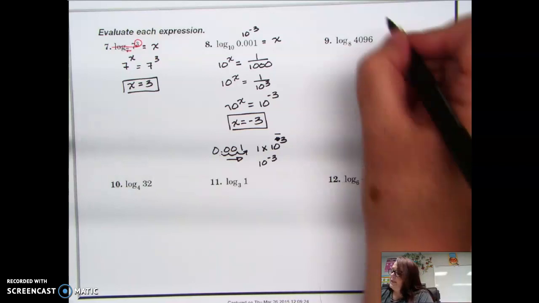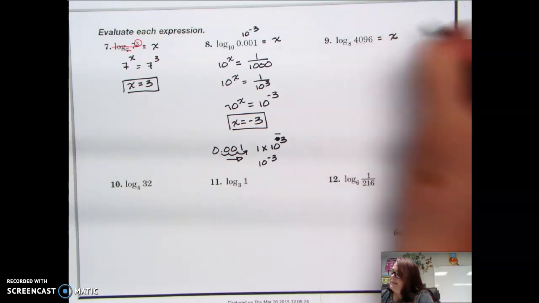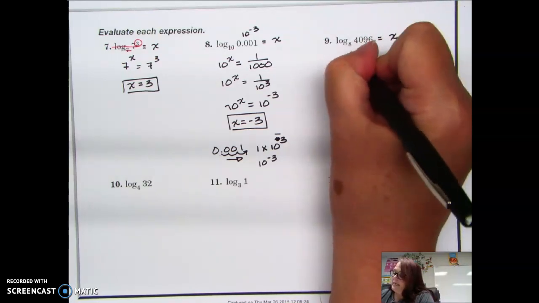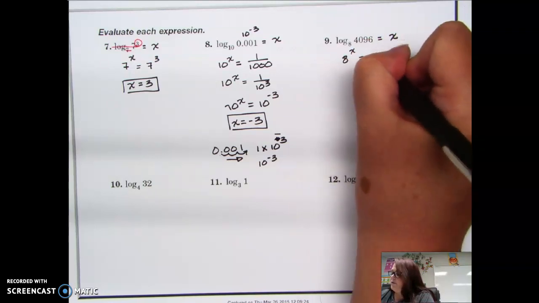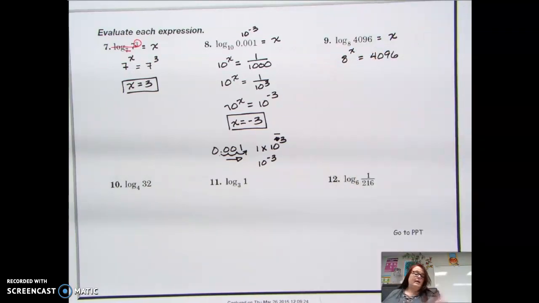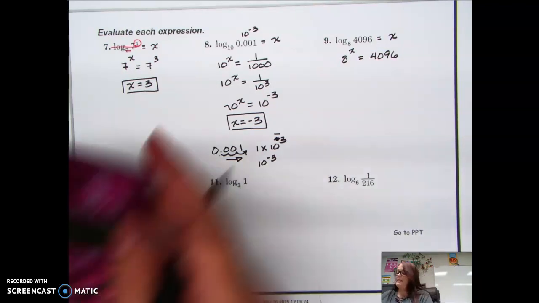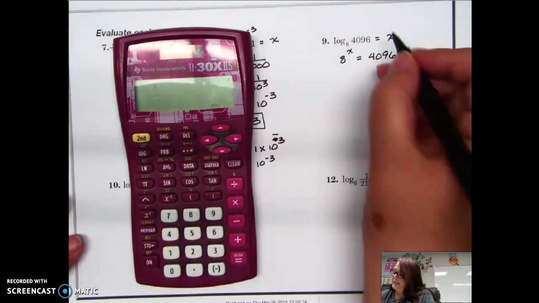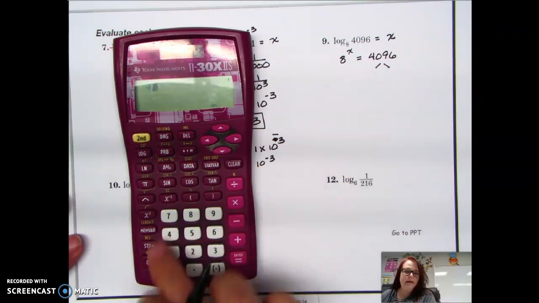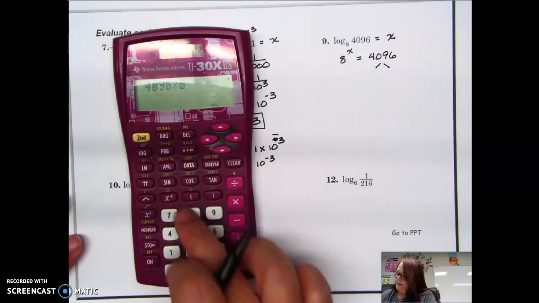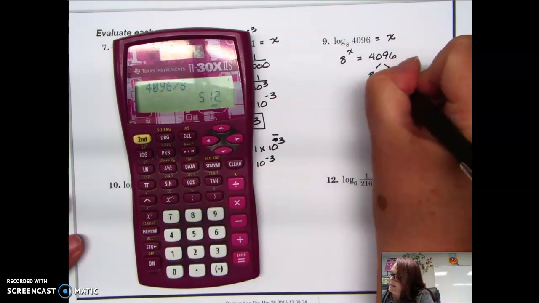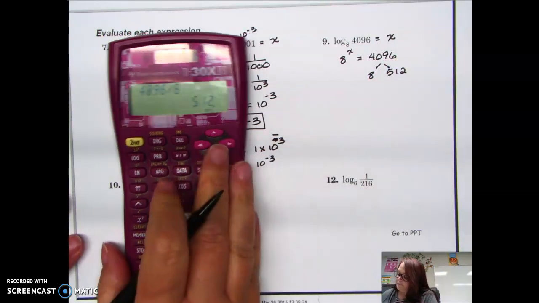So taking a look at number 9, we're going to set this equal to x, and we're saying 8 to what power gives me 4,096. And so again, thinking that we want to get this to have the same base, I'm going to take 4,096 and I'm going to keep dividing it by 8. So that means that I have 8 times 512.